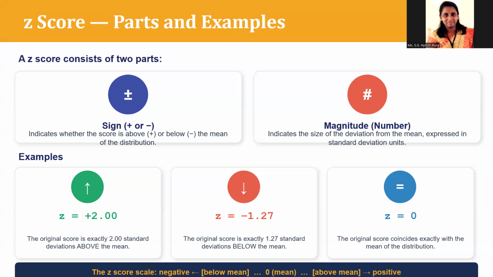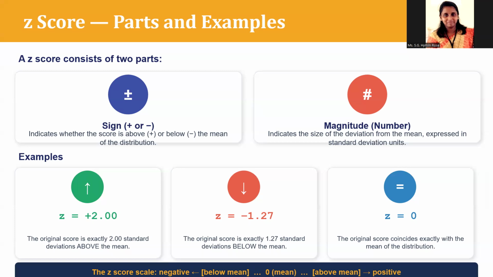In data science, it is used for normalizing features before applying machine learning algorithms. For that purpose, we need this Z score. Z scores are the foundation of many statistical tests, including one sample Z test, two sample Z test, and the standardization step in Gaussian-based machine learning models. So without this knowledge of normal distribution and Z score, we can't move to machine learning algorithms.